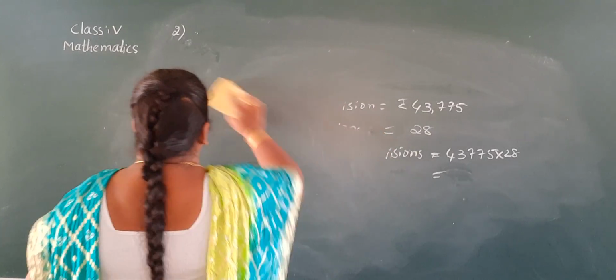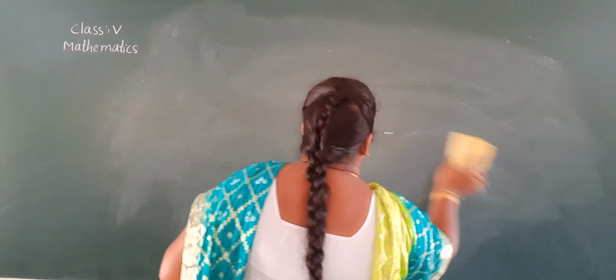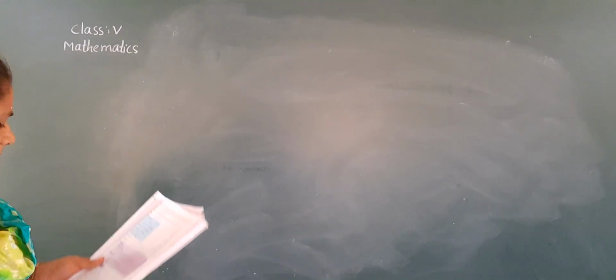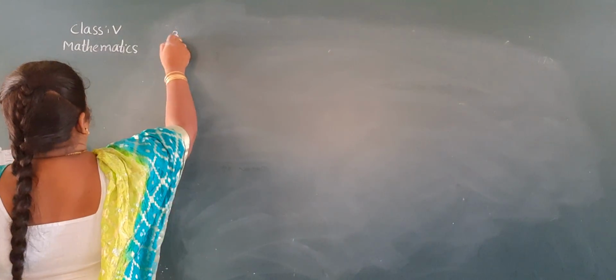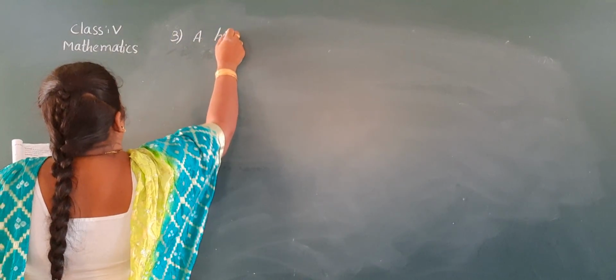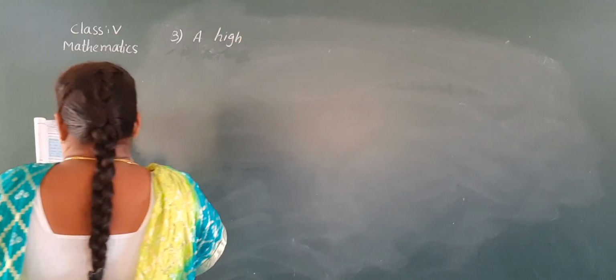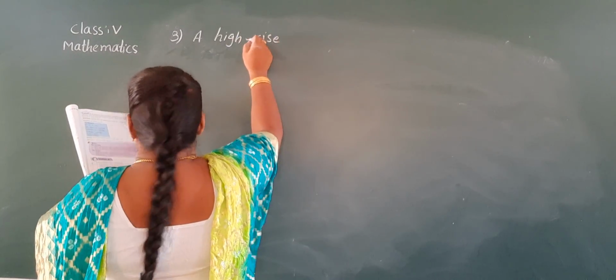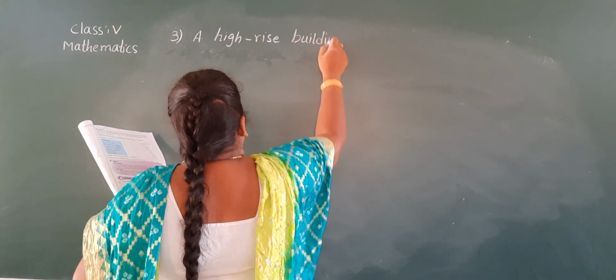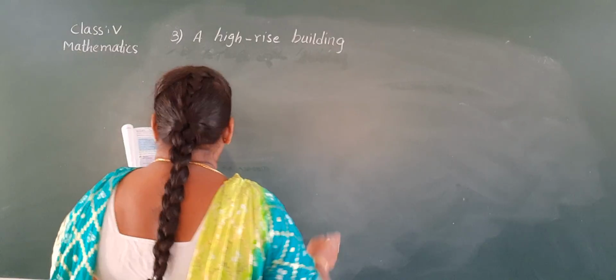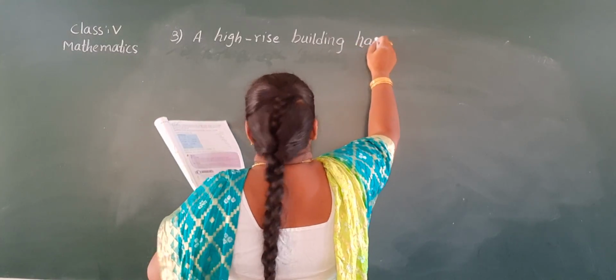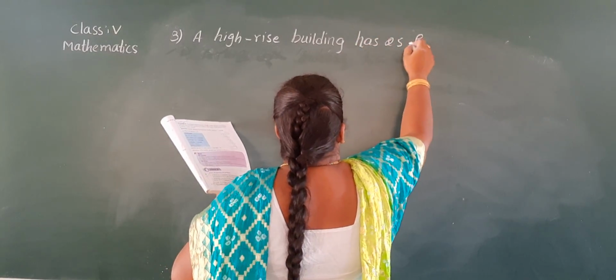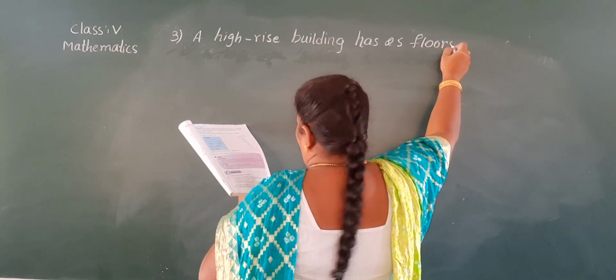And next write third problem, Nana. Write down third problem, children. A high-rise building has how many floors? Yes, see the textbook, Nana. 25 floors.